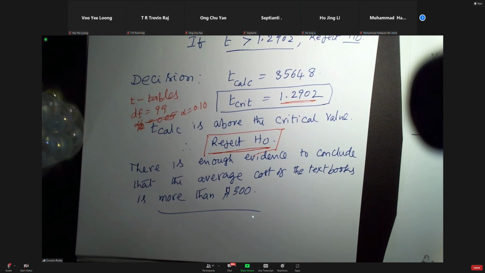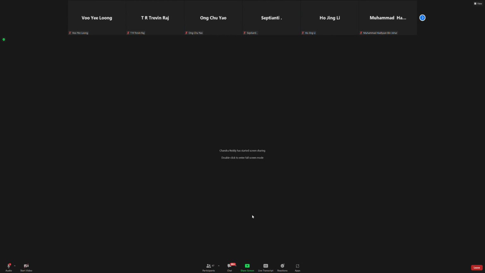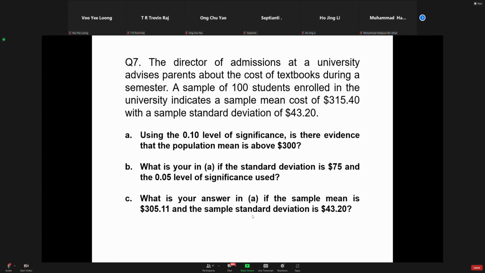All right, so I'll move on to the next part of the question. I hope you can see the slides. The next one is, what is your answer in A if the standard deviation is $75 instead of 43.20?